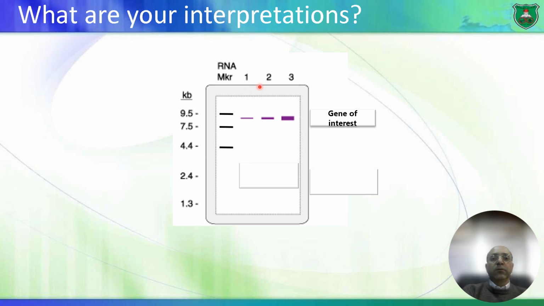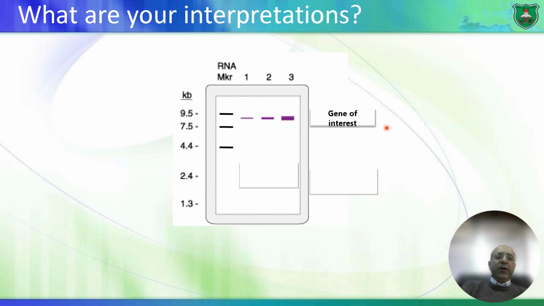For sample 2, we used 50 microliters. For sample 3, we used 100 microliters. So of course it makes sense that number 3 would have a more intense band because you used more material, a larger amount of sample.